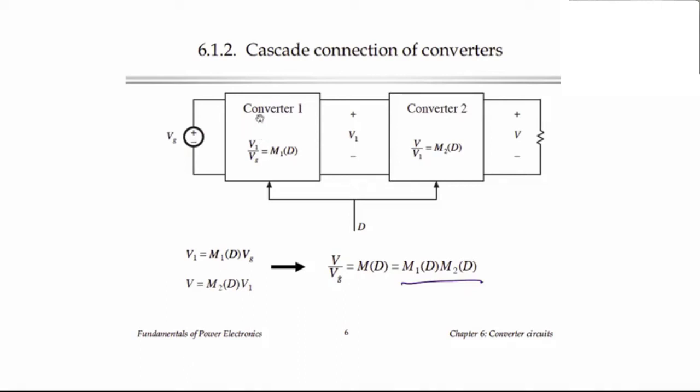So I think a straightforward thing to do might be to take a buck converter and put it as converter 1 and a boost converter as converter 2. So this combination is capable of making an output voltage that is either less than or greater than VG, depending on the duty cycles of the individual buck and boost converters.